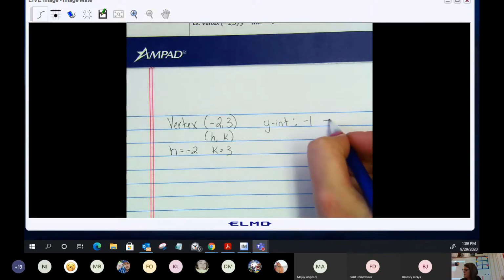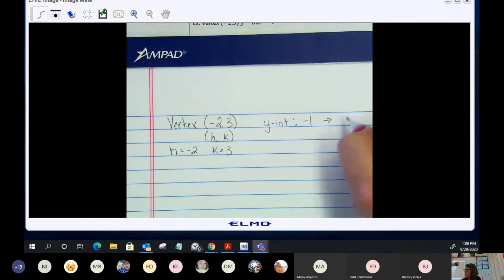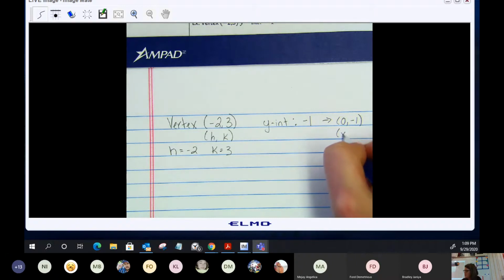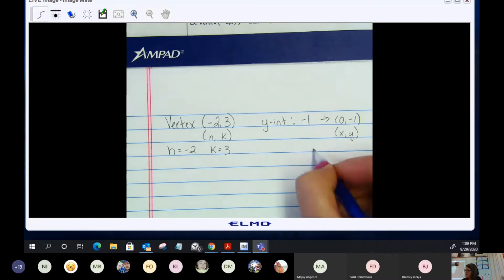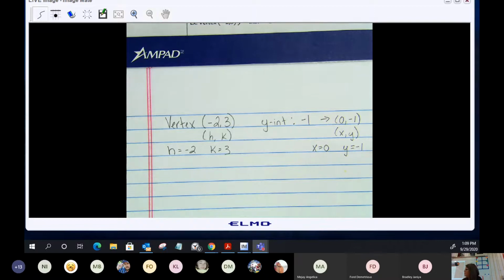Well, if I write that as an ordered pair, that is the ordered pair (0, -1). And again, don't forget, an ordered pair is (x, y). So that means I'm also told that x equals 0 and y equals -1.